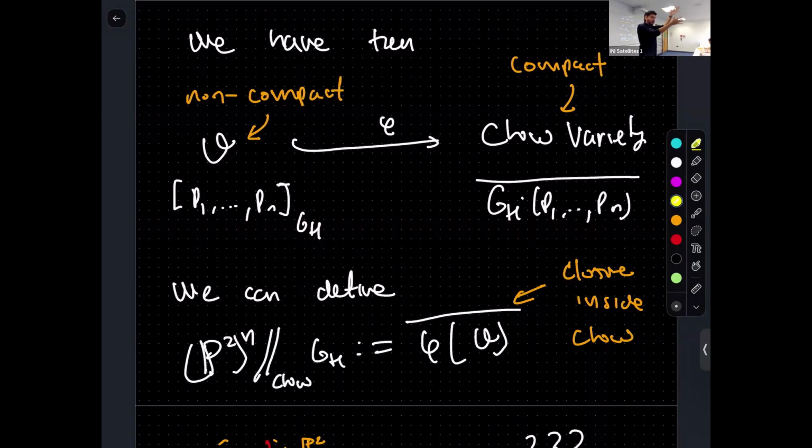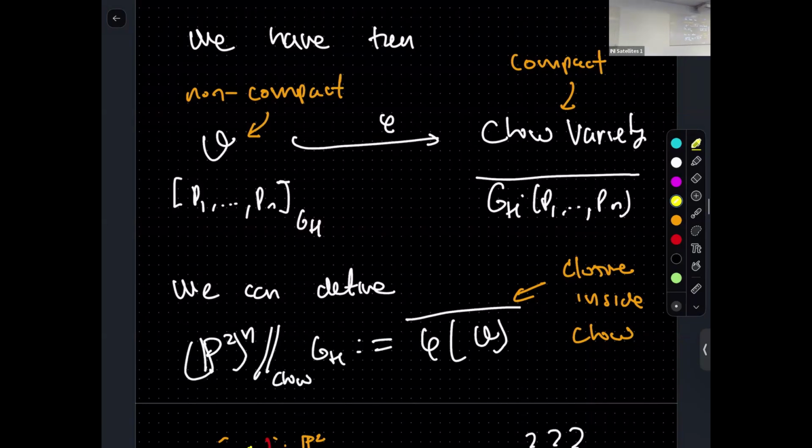Or you have the 2 lines colliding. In the same way here, this is an irreducible variety, and it may break into a bunch of things. I don't know what they are, but that allows me to make a closure, and I will have this compactification. And this is what people call the Chow closure.